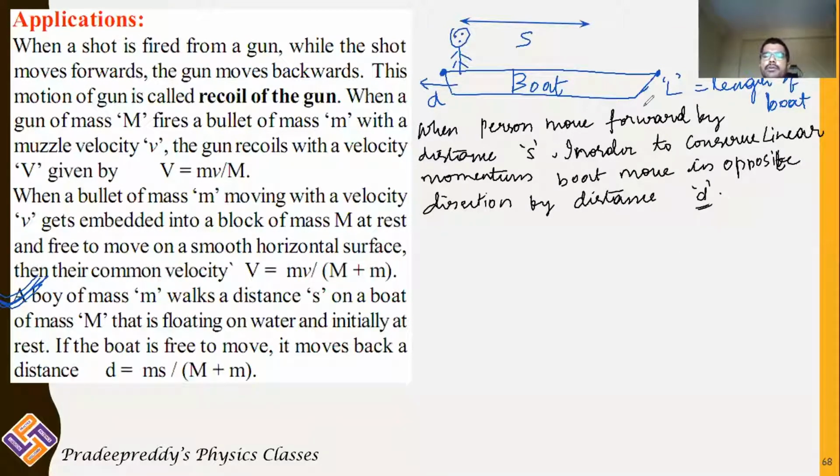Now you can use the law of conservation of momentum, and remember this is also internal force. There is no external force acting on the person or the boat. The person is just walking on the boat. Therefore, this comes under internal force only.